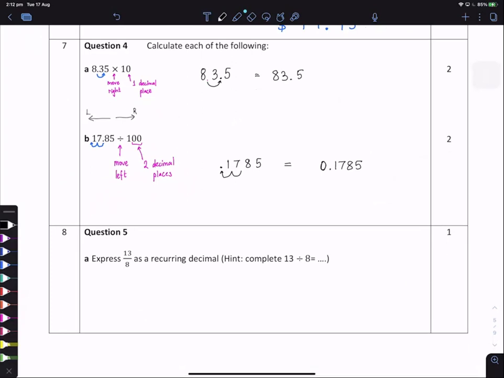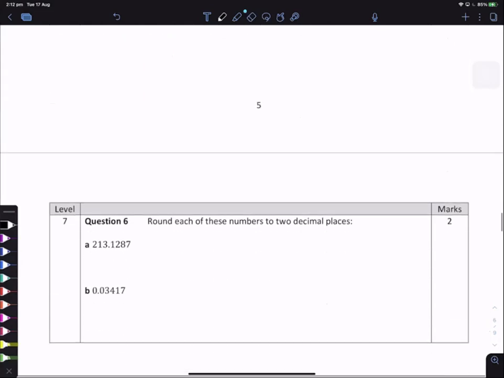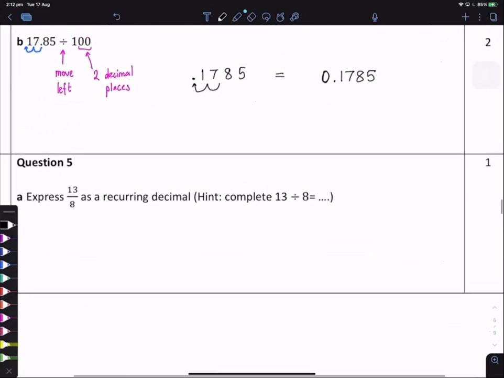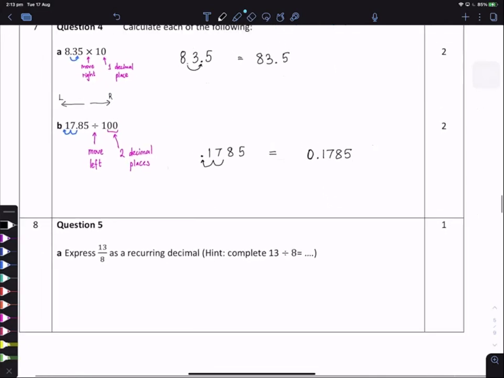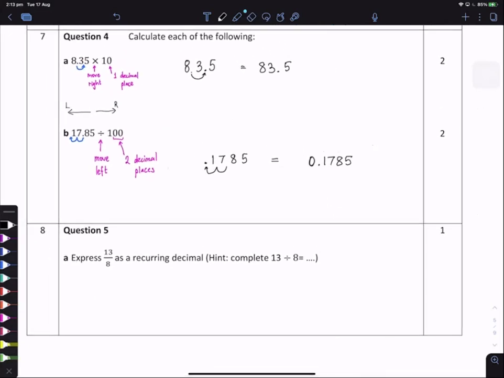I haven't taught you how to do recurring decimals yet, have I? Although I did leave a lesson behind on Education Perfect, I want to see if you understand what to do here. How do we set up this 13 divided by 8, or 13 over 8, if we want to calculate the recurring decimal?